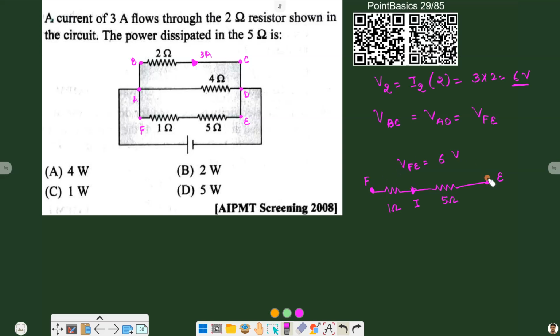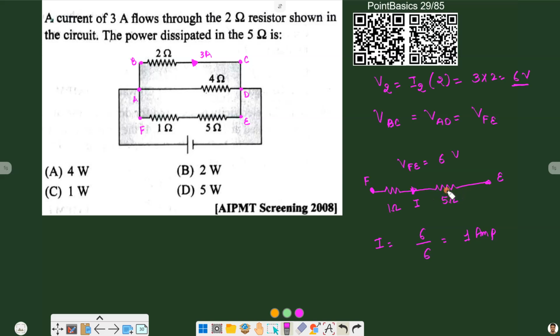If we know the potential drop and the total resistance, we can find I, which will be 6 by the total resistance, 5 plus 1, 6, so 1 ampere. So there will be a current of 1 ampere flowing through this circuit.